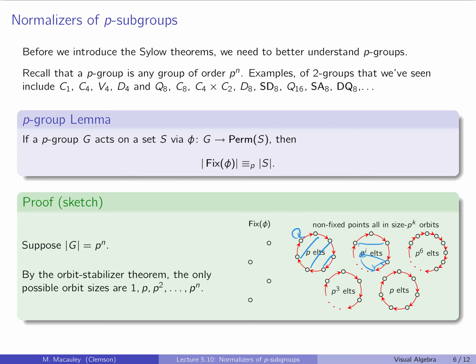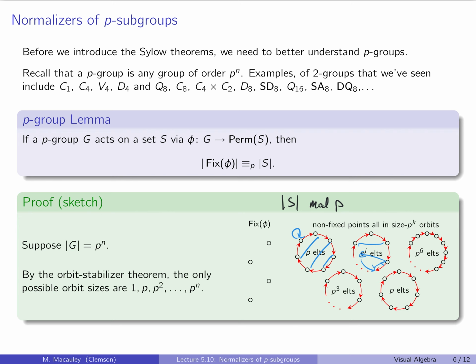But the idea is we have the fixed points, and then all of the other orbits have size p to the k. And actually, we don't even need p to the k. We just need the size of the other orbits are a multiple of p. It has to divide the size of G. So let's count the size of the set. So what is the size of the set mod p?